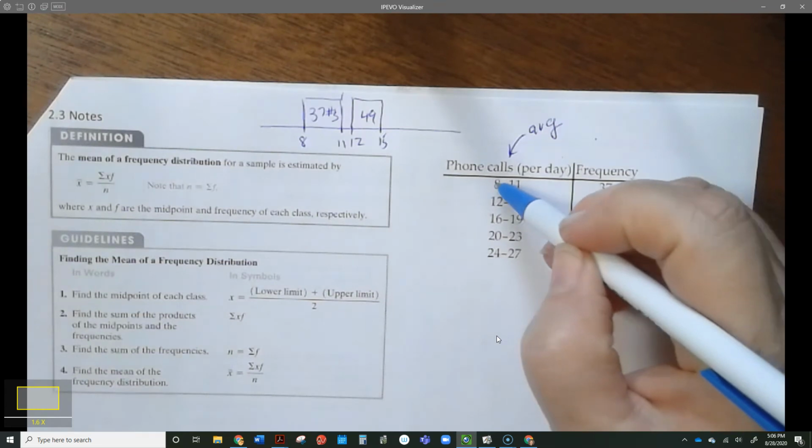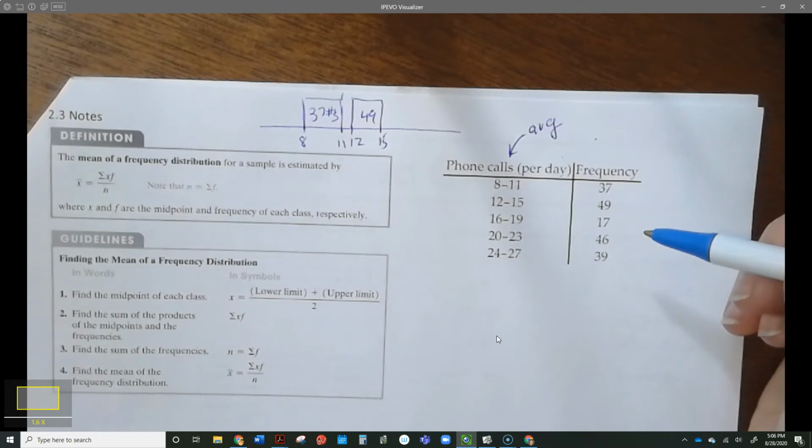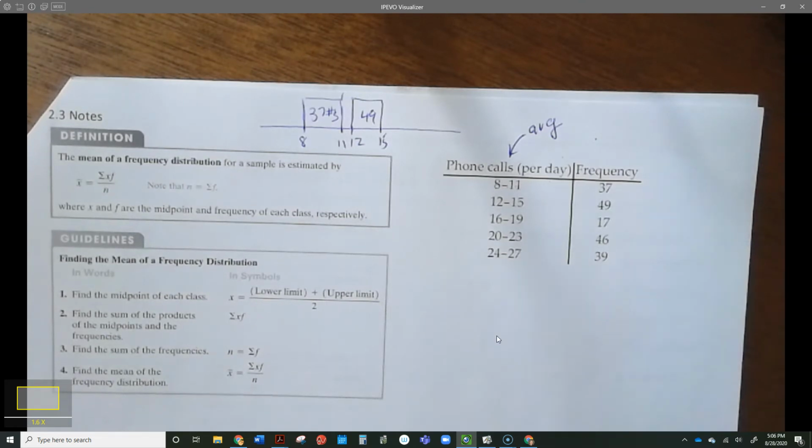So you're going to say 8 plus 11 divided by, no, you just find the middle. So it's going to be 8 plus 11 divided by, I don't know. Let me see.